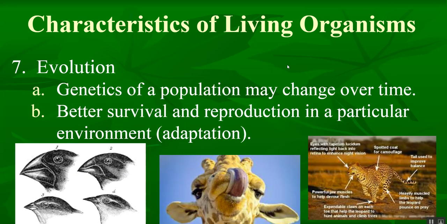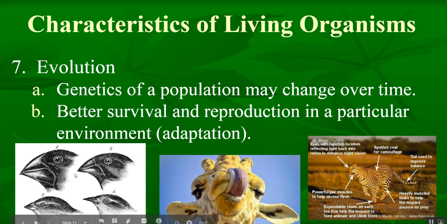And the last one is evolution. And so you have what that means, and we are going to be looking at that later on this year. But genetics, the actual genes or the DNA of a population, so this is a group of organisms, may change over time. And then that could lead to better survival and reproduction in a particular environment. That's called an adaptation.